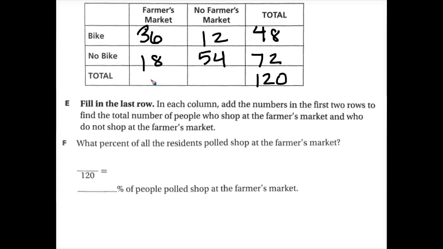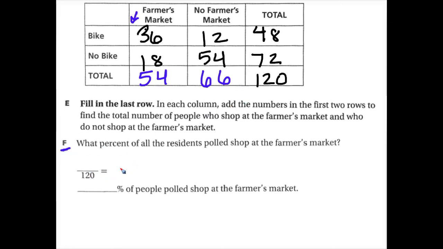So at this point, we just start filling in what we have. We can kind of domino effect. So if I look at my farmer's market column, 36 and 18 is 54. 12 and 54, 66. Double check everything. We can make sure our table is correct if we just double check all of our math. 54 and 66 is 120.